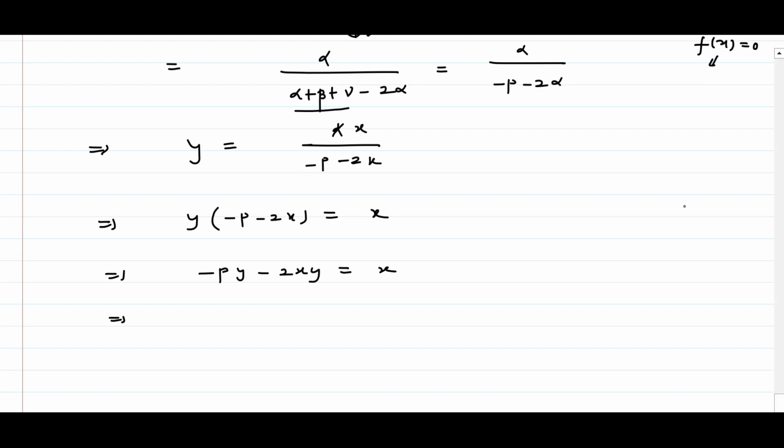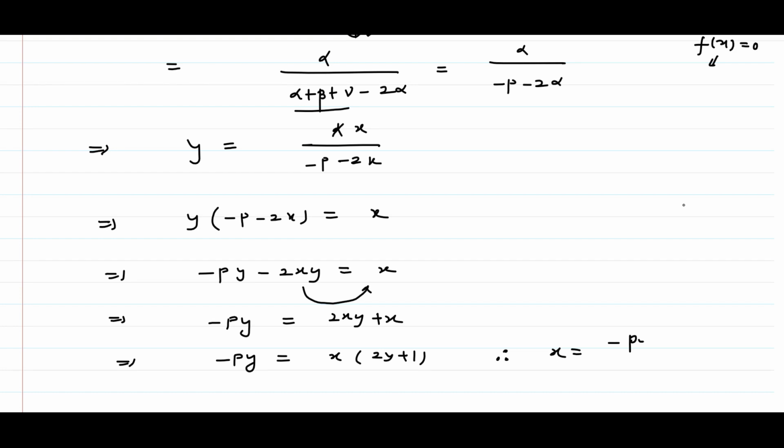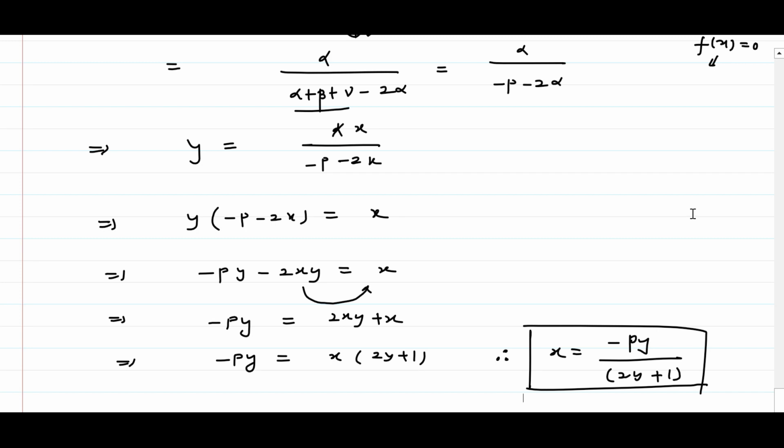So now here take this term to the right hand side, that is negative p multiplied by y is equal to 2 times xy plus x. So now from here negative py is equal to, take the x as common, then we have 2 times y plus 1. So from here we can find the value of x, that is negative py over 2y plus 1. So now we need to substitute the value of x in the given equation.